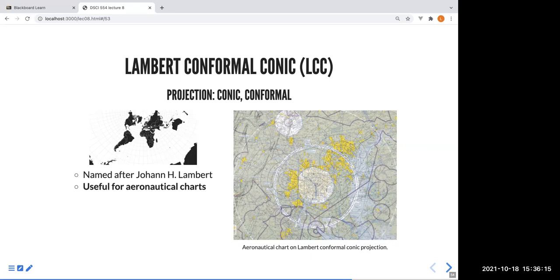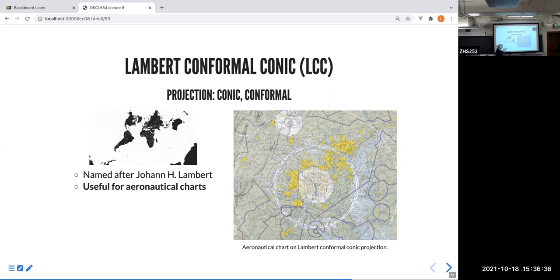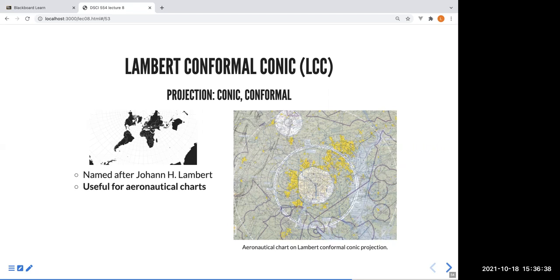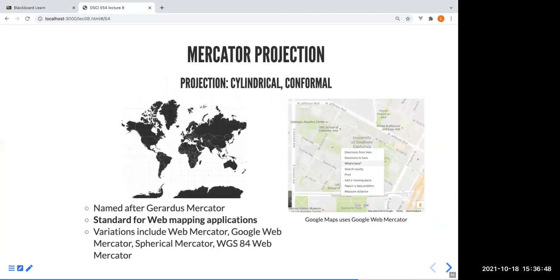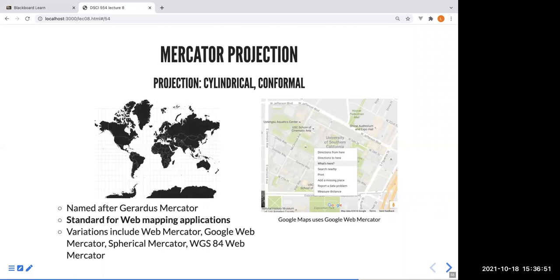So this one is useful because the shape is preserved locally, and that's most useful for people who fly because they can recognize the areas they're flying above on the map because the shape is preserved. They don't care about the area, but they care about the shape of the coastline, and you can recognize it based on the fact that it's conformal.